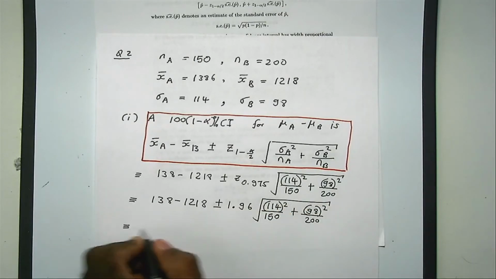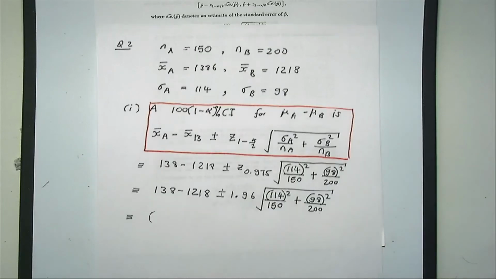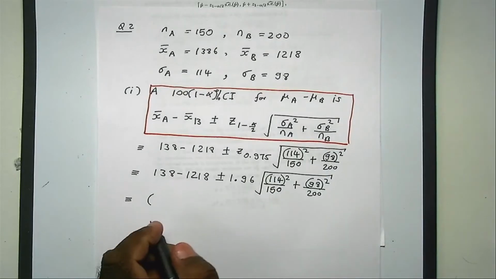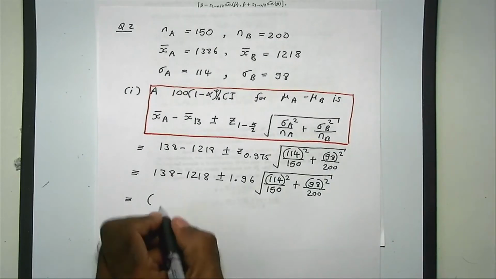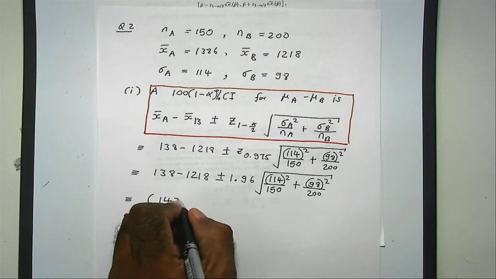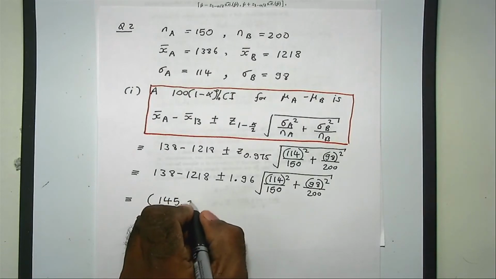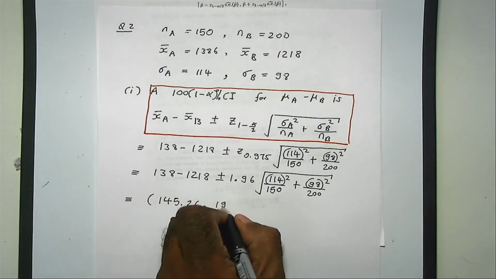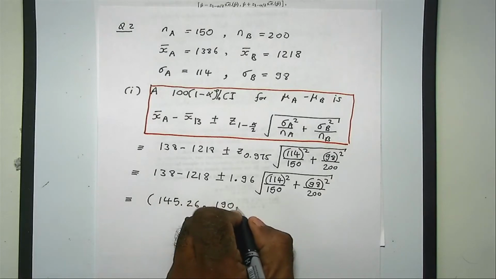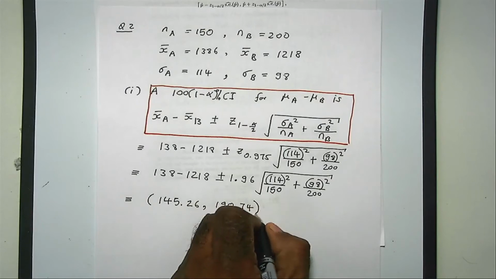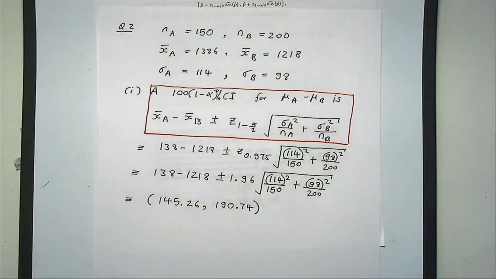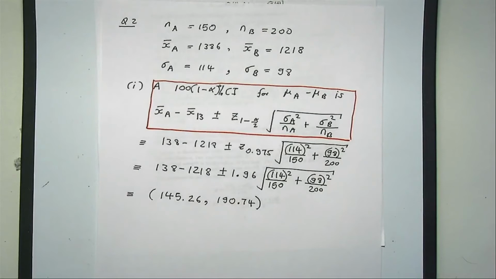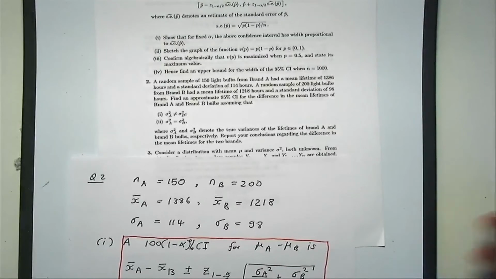So you should compute this using a calculator. This is what you will get. The lower limit will be 145.26. The upper limit will be 190.74. Alright, so that completes part 1 of question 2.